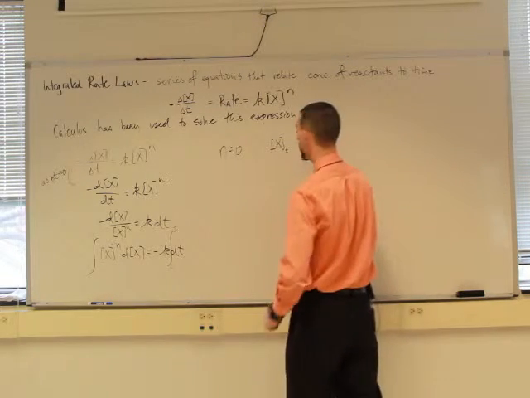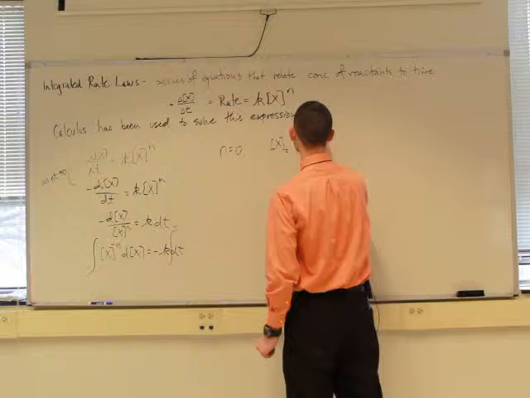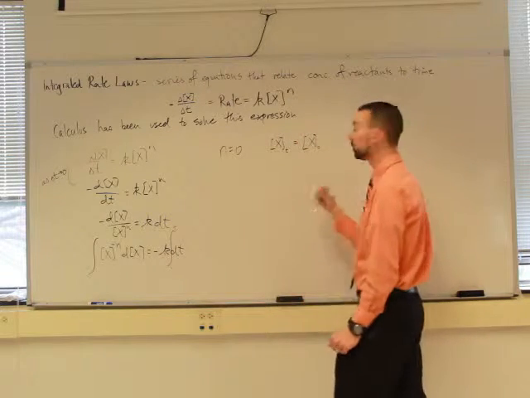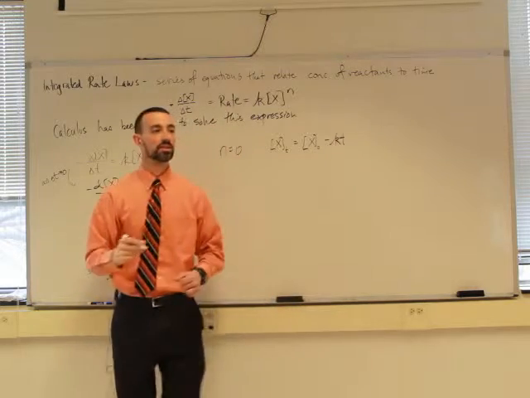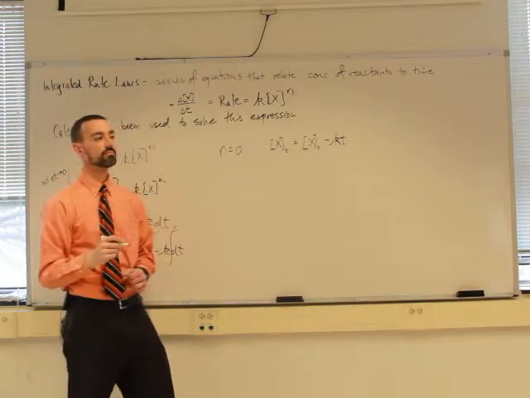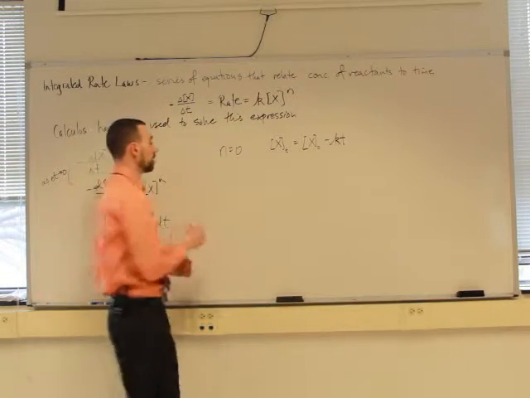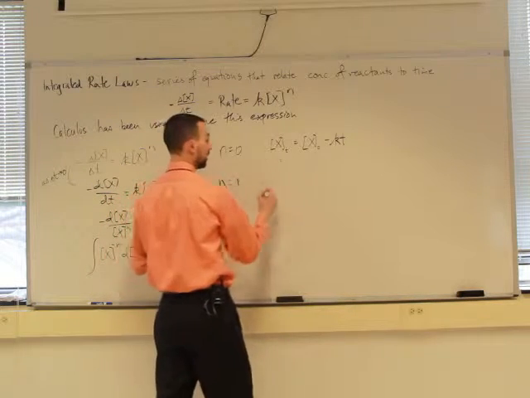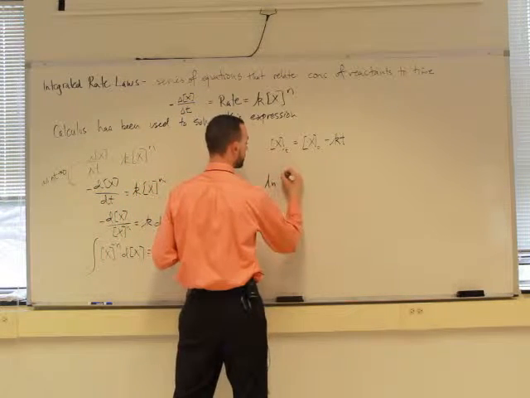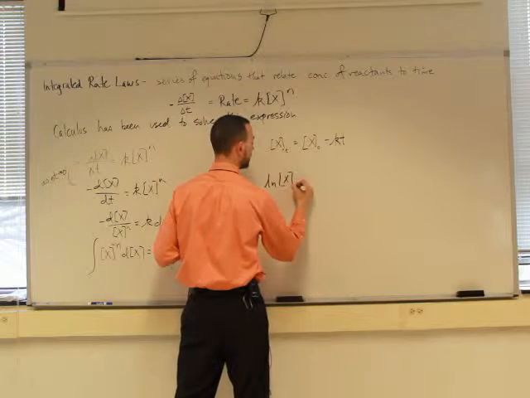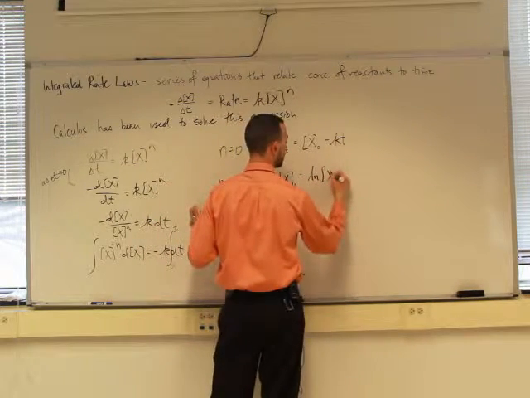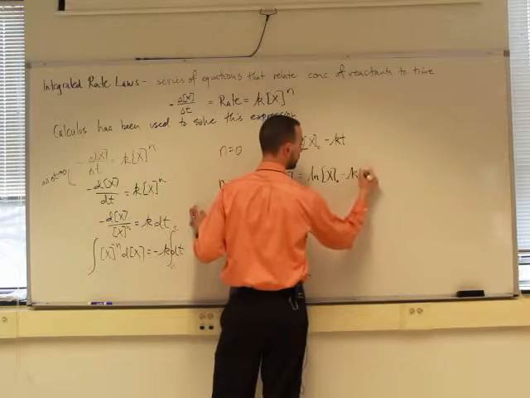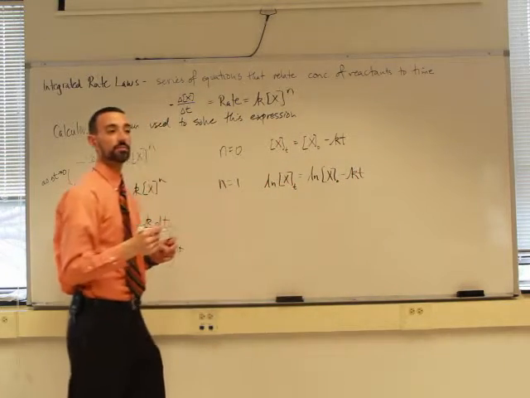So the concentration at time t would equal the concentration at 0 minus k times the time t. Okay? When n is equal to 1, the form is going to be the ln of the concentration at time t equals the ln of the initial concentration minus kt.